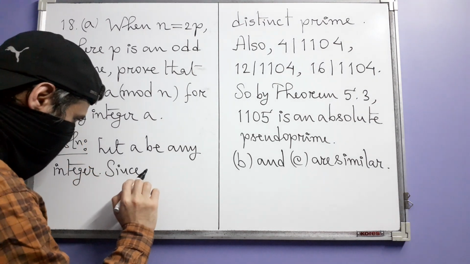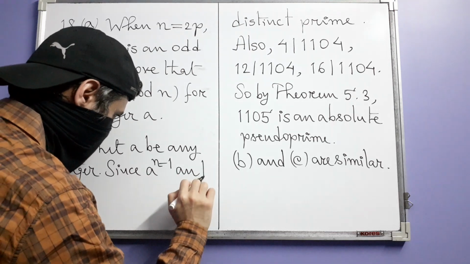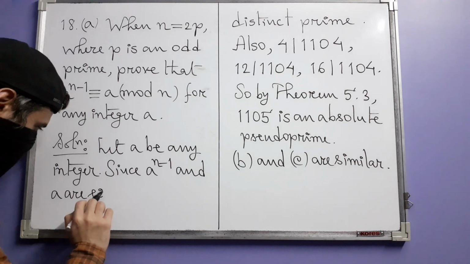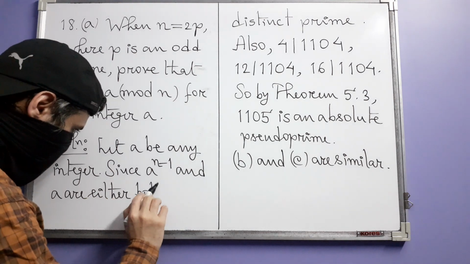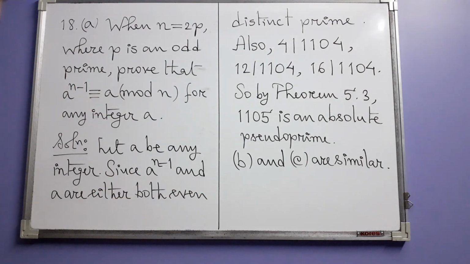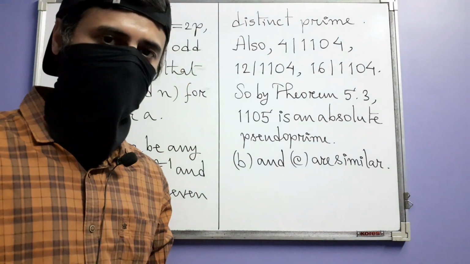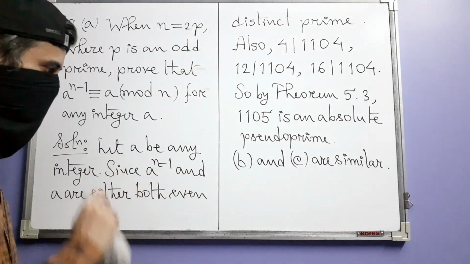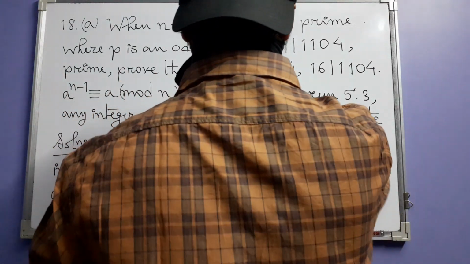Since this and a are either both even or both odd, and this of course depends on the evenness or oddness of a. If a is even, then so is this power, and if a is odd, then that power is also odd.